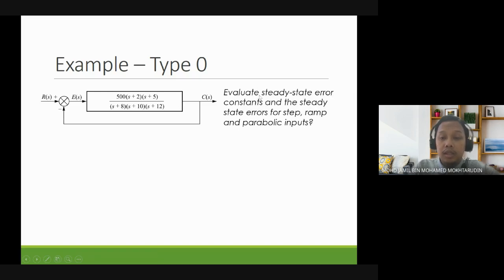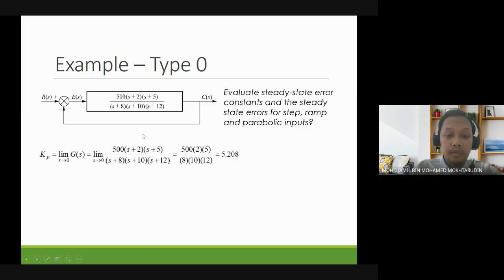Let's say the question asks you to evaluate the static error constants and the steady state error for step, ramp, and parabolic input. So firstly, you calculate Kp. Kp is the limit of G(s), so you just substitute G(s) and find the limit when s approaches 0.